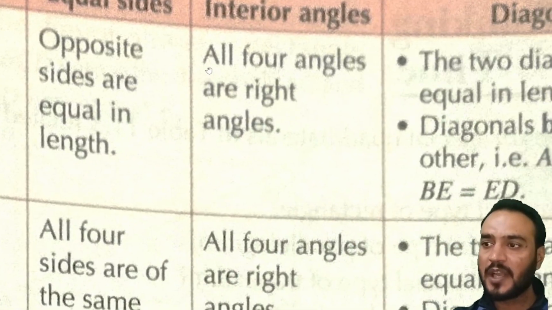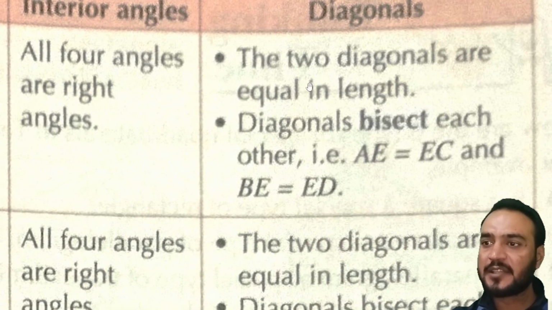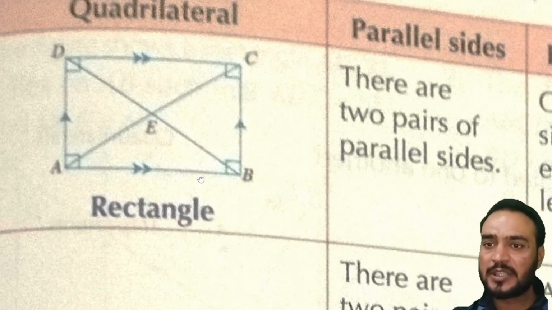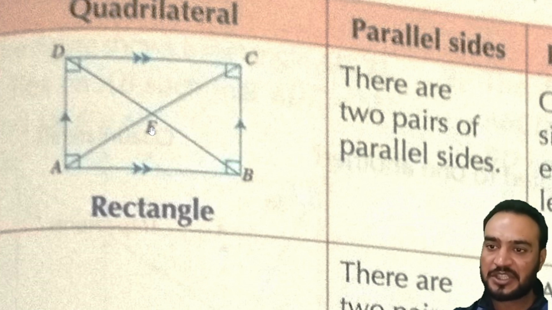And the next and not the least, the two diagonals are equal in length. Diagonals bisect each other. So you can see in the diagram that AC and BD are the two diagonals of the rectangle, and they bisect each other. It means that the point where the diagonals intersect each other at point E is the midpoint of both these diagonals.